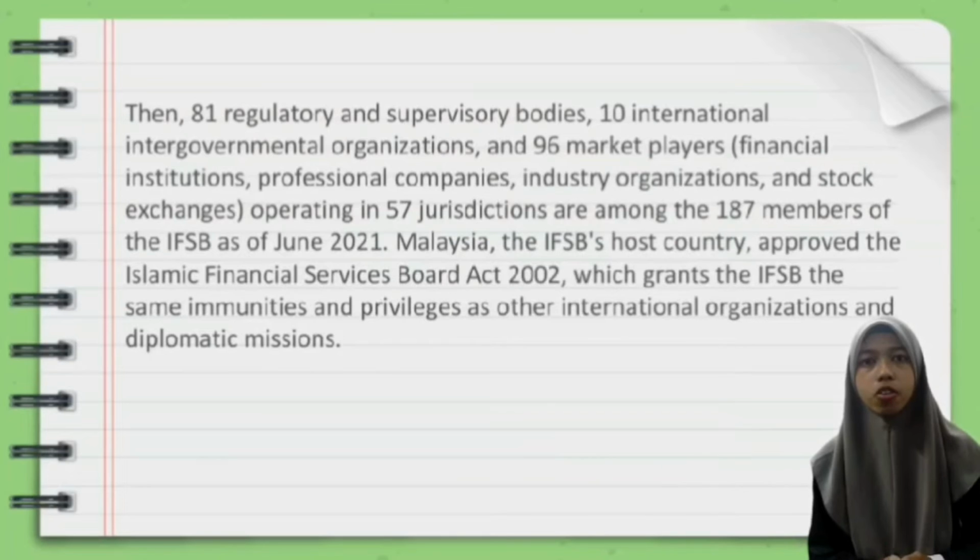It comprises 81 regulatory and supervisory bodies, 10 international intergovernmental organizations, and 96 market players, financial institutions, professional companies, industry organizations, and stock exchanges, operating in 57 jurisdictions, among the 187 members of the IFSB as of June 2021.